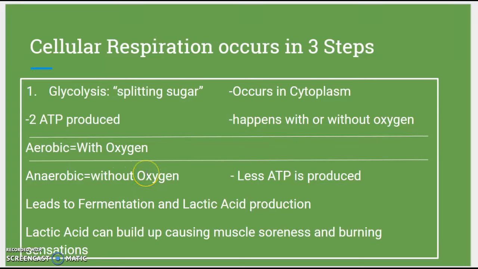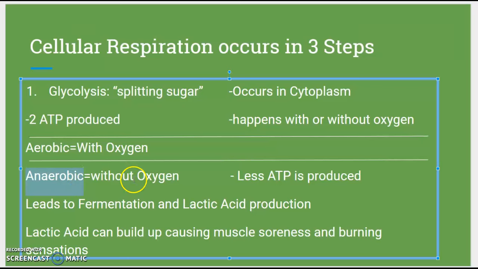If there is not oxygen, then we go through anaerobic respiration. And in this process, it's very important to note that less ATP is produced, and we'll go over that in just a minute.